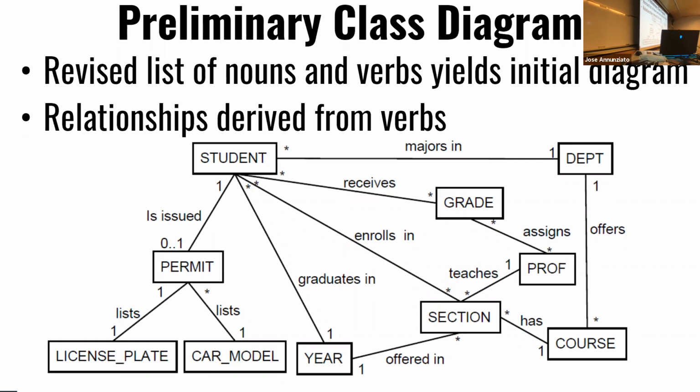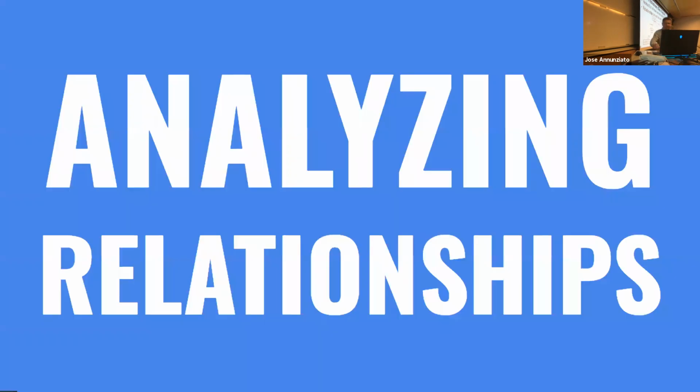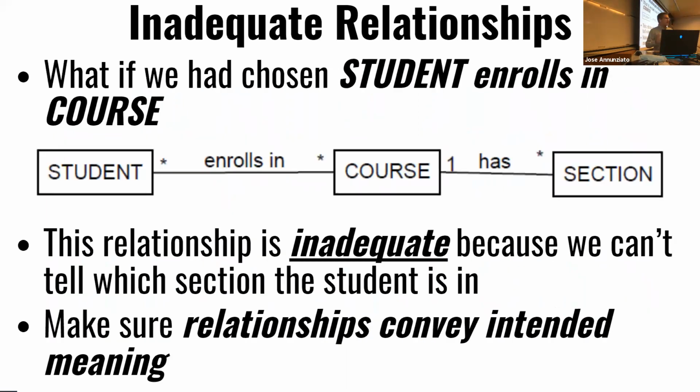So for instance, let's take a look at this relationship. Somebody might have read in the requirements that students enroll in courses. I think that there was a sentence like that in the requirements. And there was another sentence saying that courses have many sections.